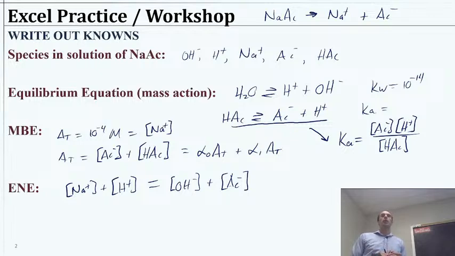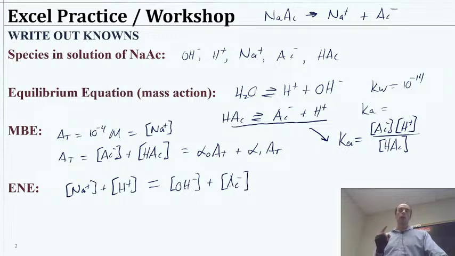Okay, we can also manipulate this into a function of Ka and H plus. So we will see these two kind of lead us into what you were mentioning there with the alpha fraction.